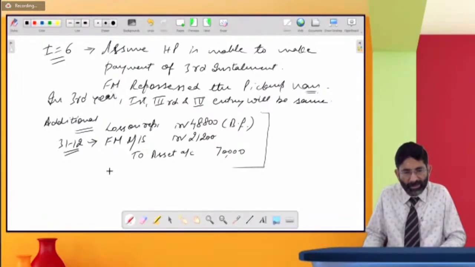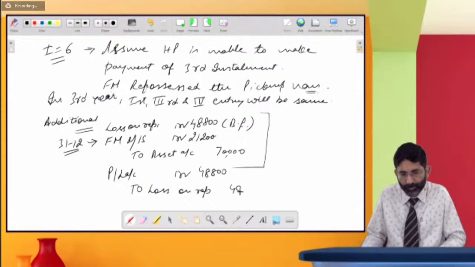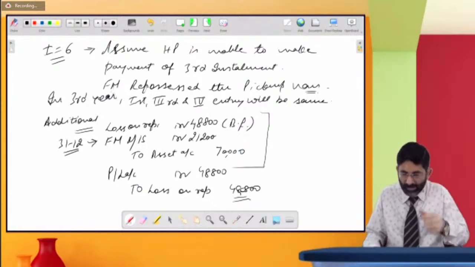In the next entry, we will write off this loss: profit and loss account debit to loss on repossession, 48,800. Is that clear, beta? Let's understand this.